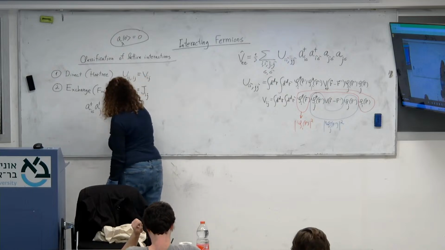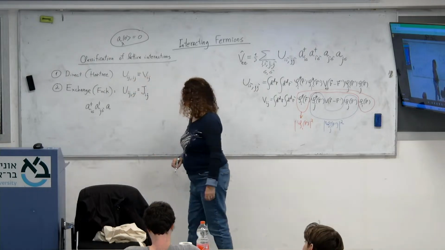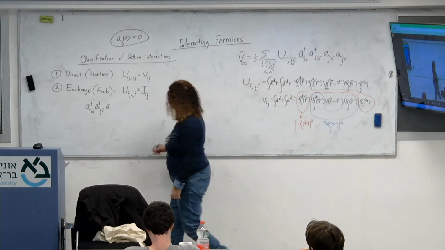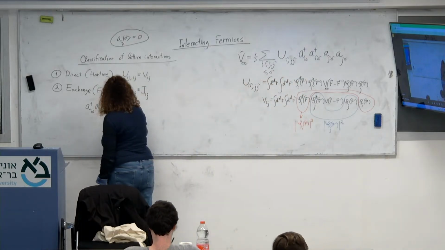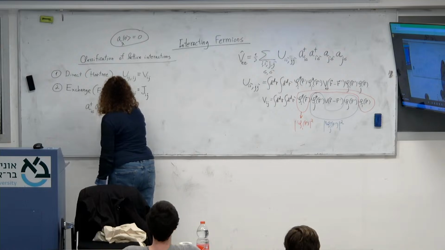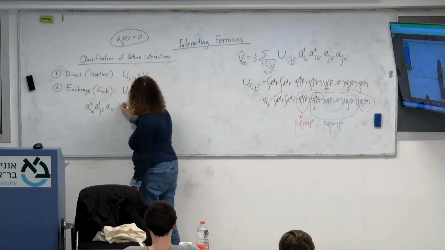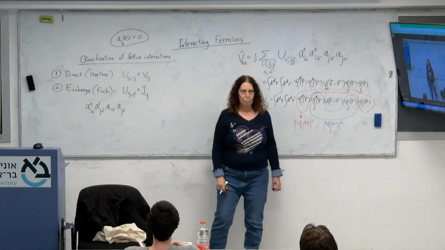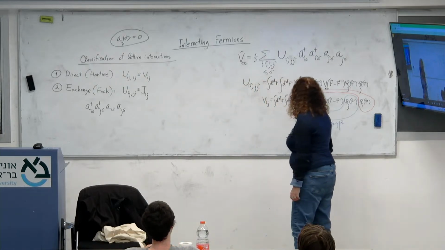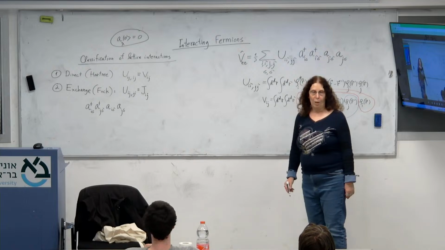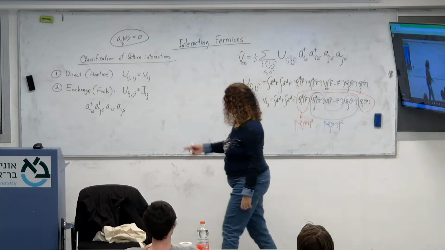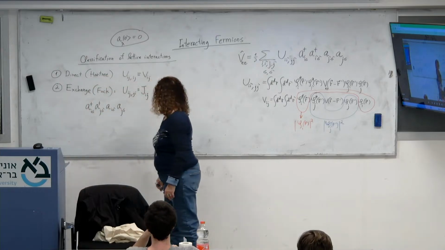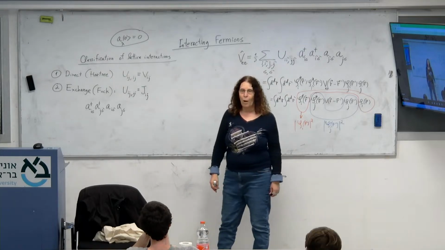But now we are maintaining the same spin label, but exchange the order of I and J, and this we write as a I sigma prime, a J sigma. Okay? Clear? And of course, this is multiplied by Jij, and we sum over all possible spins, sigma and sigma prime.